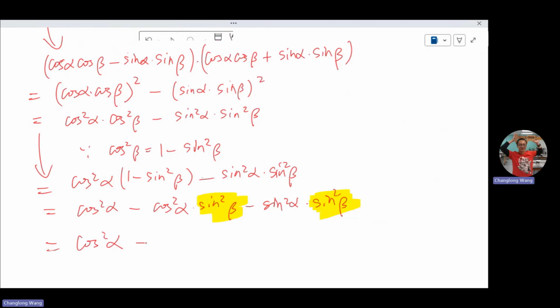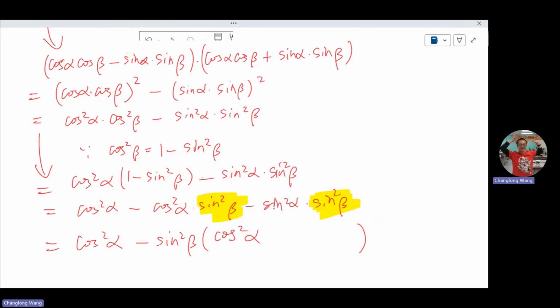All right, so if you take negative sine square beta out, can you guys tell me what's left in the parentheses? The first term. Sorry, not the first term. The second term, right? Take this guy, including the negative sign, out of the parentheses. You're left with the cosine squared alpha, right? That's usually not a big deal.